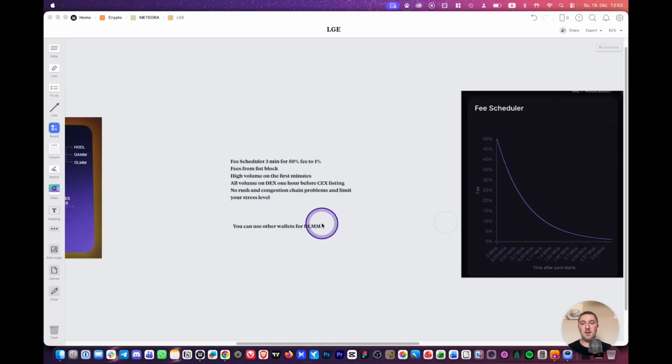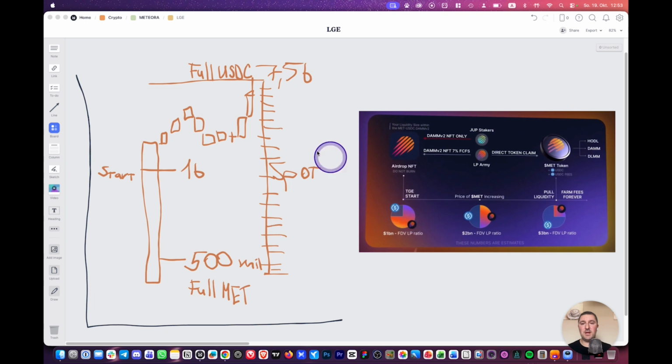And if you ask me how long you will stay in the NFT position, it depends on the price action and of course the fees and the volume. When I see that the volume drops significantly and the price action becomes very volatile, then maybe it makes sense to withdraw your position and then go to the DLMM options.